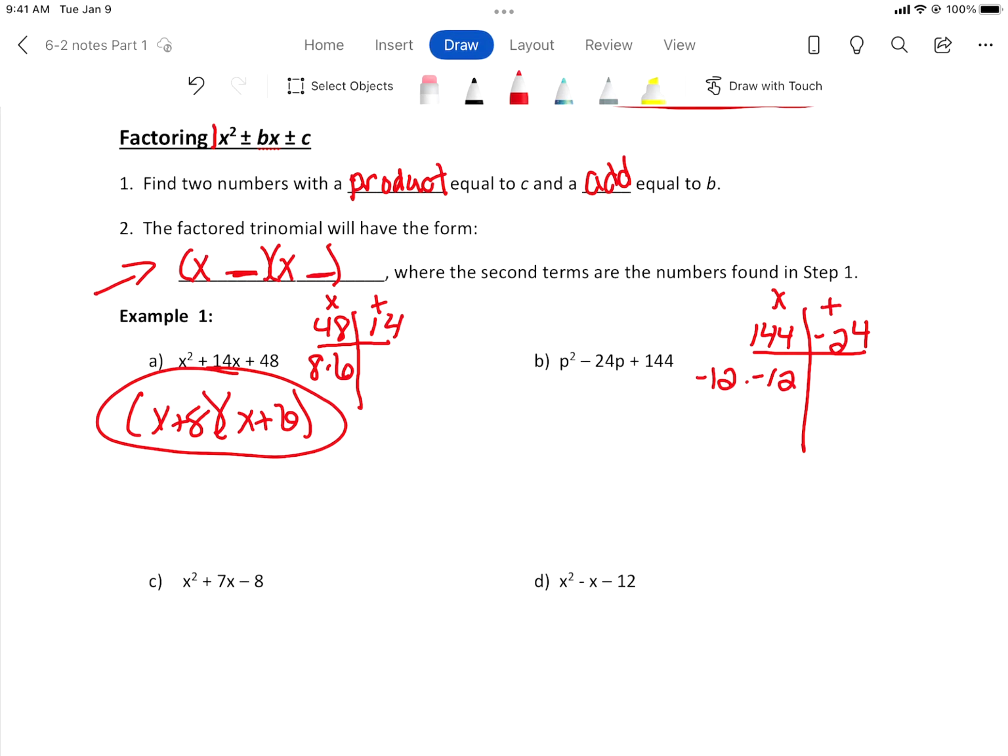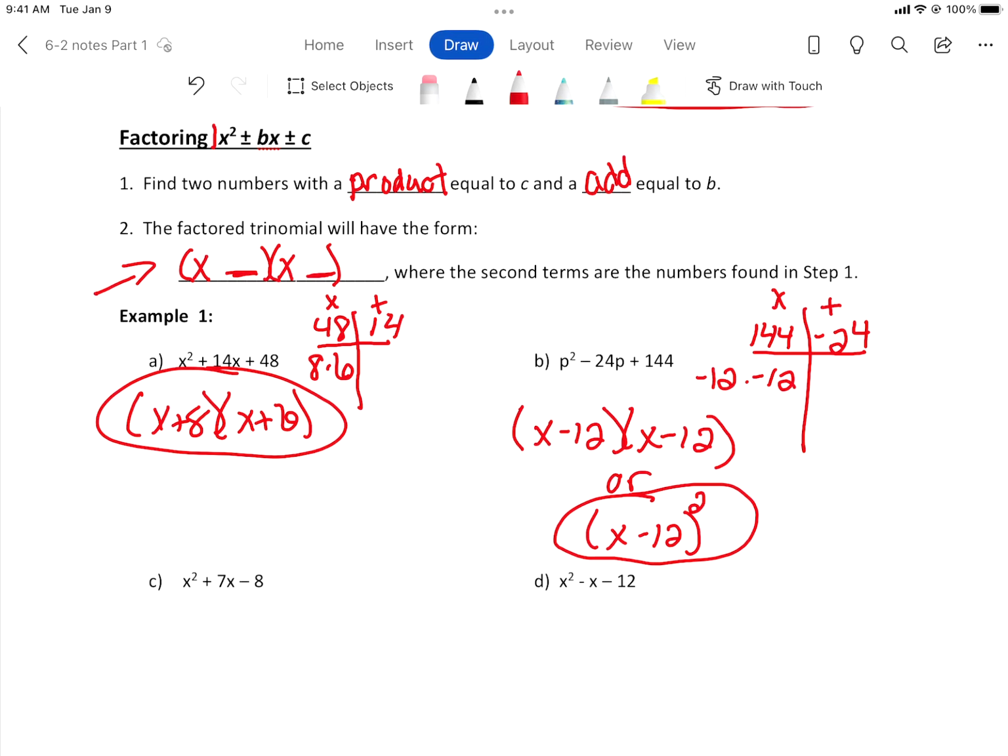Sometimes the hardest part is finding your numbers. Those multiply to 144, they add to negative 24. So when you write this, that's x minus 12 and x minus 12. What's another way to write that? Yep, which is how you're going to see it the majority of the time. x minus 12 squared.